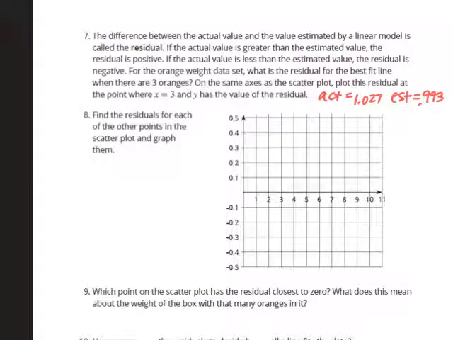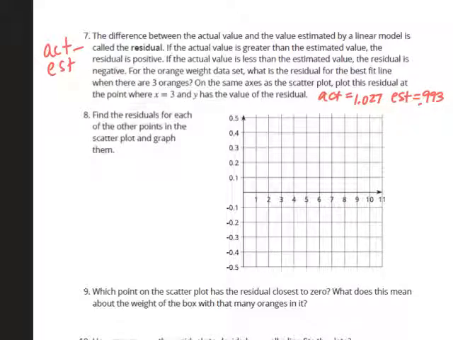For question number 7, it explains once again what a residual is. The residual is the actual minus the estimate, or the model. If the actual value is greater than the estimated value, the residual is positive. If the actual value is less than the estimated value, the residual is negative. So we're going to do this for 3 oranges.